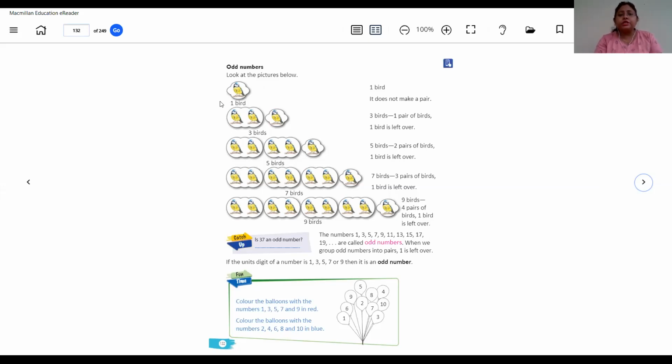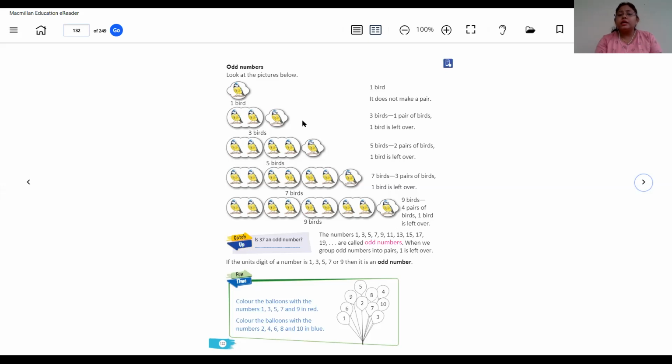In the first picture we have one bird. One bird doesn't make any pair, because in one pair we have two birds. Yes, correct, so here it will be one. Now moving to the next. Here we have one pair, but one is lonely. There is no pair. So the total number of birds will be three.